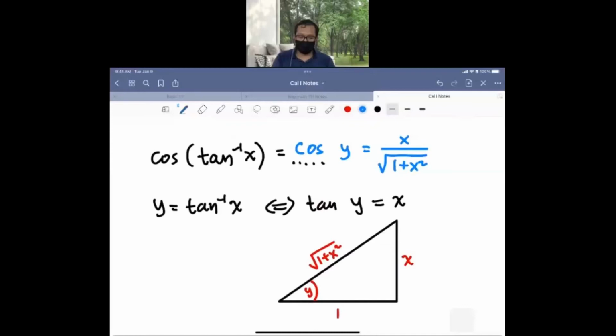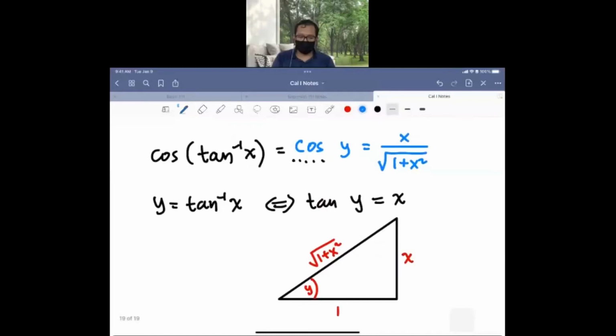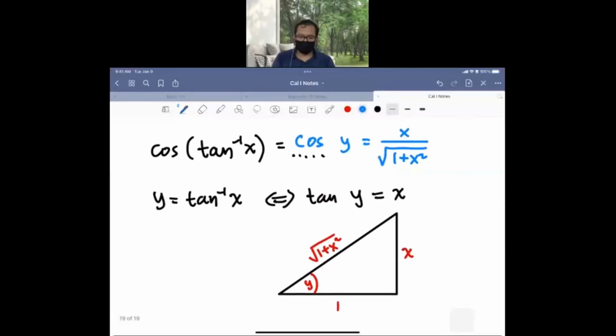This is a basic expression that is really useful when you deal with derivatives. For the other inverse trigonometric functions, the cosecant, secant, and cotangent, I will skip them because they basically have similar properties to cosine, sine, and tangent.